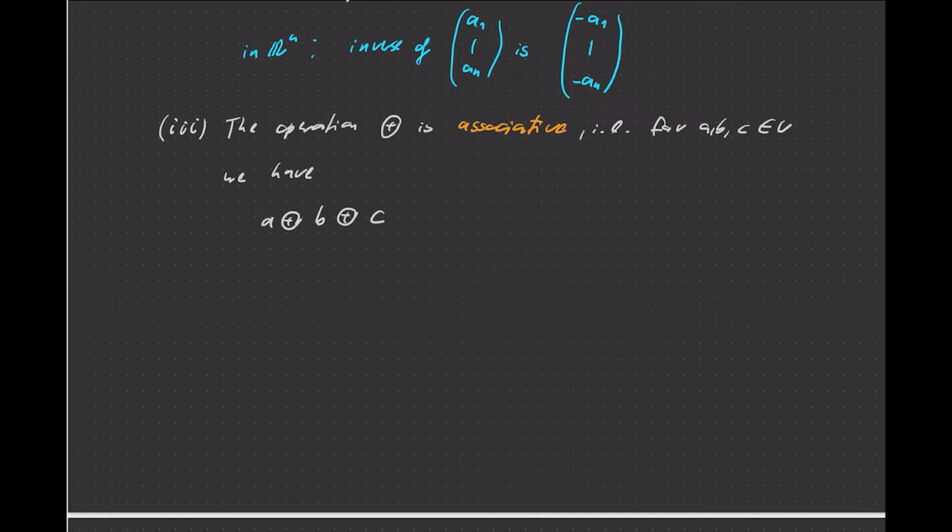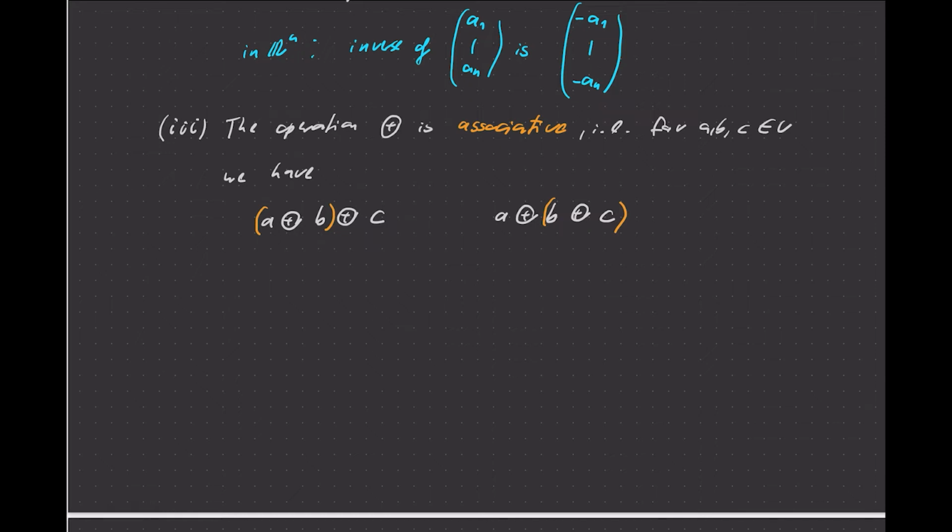So it's not really clear what A plus B plus C means. It could either mean we first add A and B, and then we add C to the result. Or it could mean we first add B and C, and then we add A to the result.